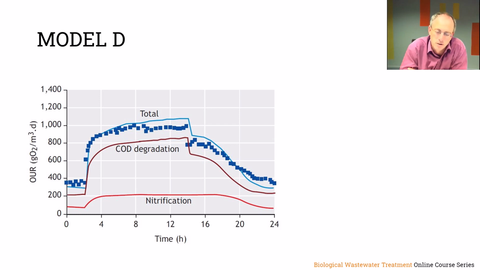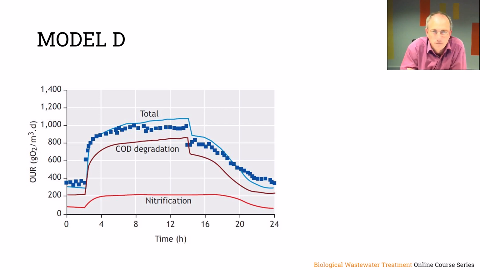We can see also another interesting part from modeling, because by having a model available, we can immediately separate the total oxygen consumption into the oxygen consumption for ammonium oxidation and the oxygen consumption for the COD degradation. So we get an insight in where is the oxygen used and for which process. So we can do process analysis.